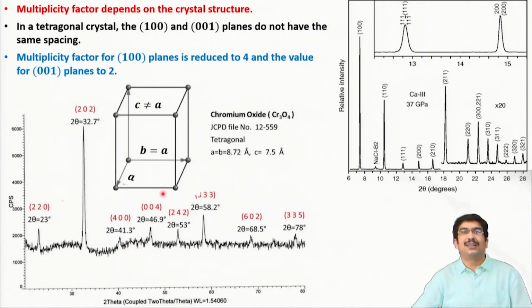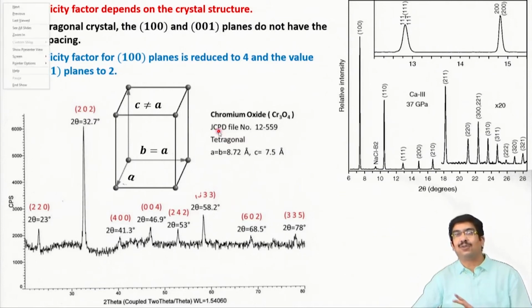So I should consider them separately, and the multiplicity factor for the 100 planes, the 4 side planes, will be 4, whereas the multiplicity for the 001 plane, which is different from the 100 plane, will be 2.